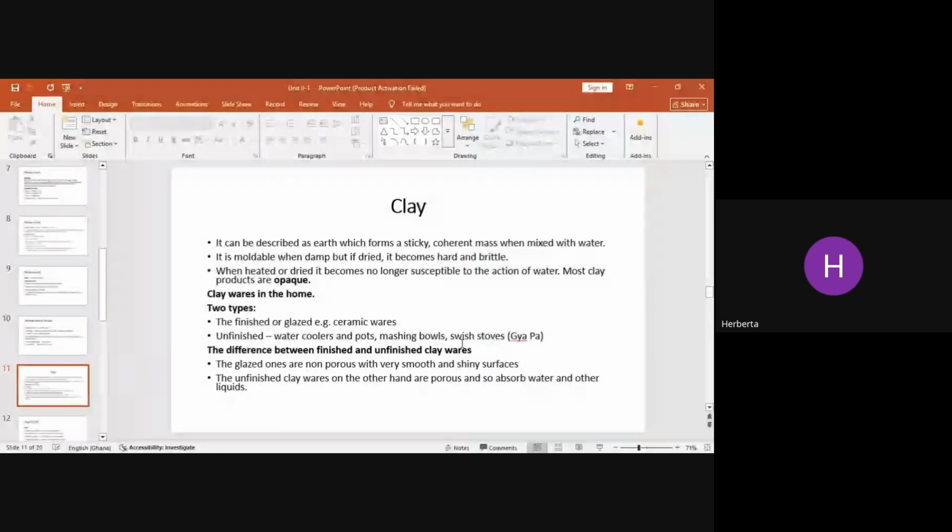Then the clay is subjected to very high heat in a furnace, and the product is glazed to have a shining appearance, and it is put back in the oven to finish it to become very hard. And most of these finished clays are called ceramics, and they are used in making different types of things.